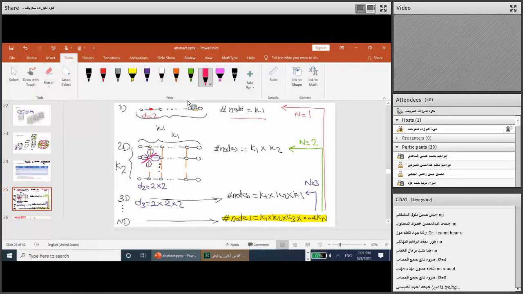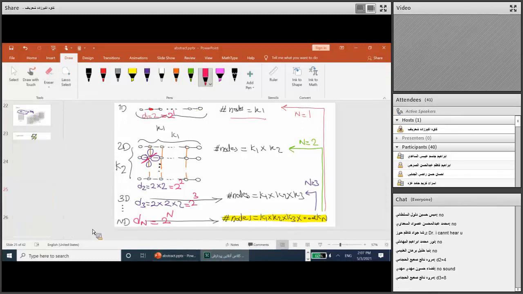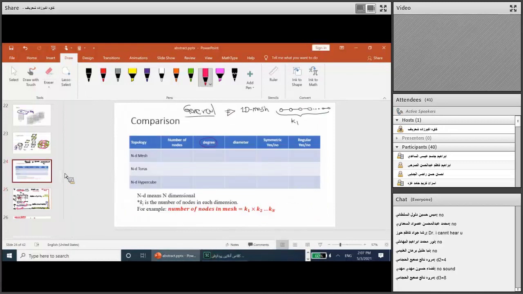Therefore, in the general case, in 1D it is 2 to the power of 1, in 2D 2 to the power of 2, in 3D 2 to the power of 3, and in nD 2 to the power of n. Great. This is a general case for the degree.